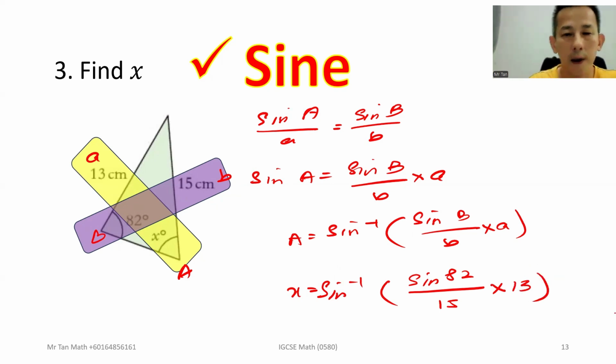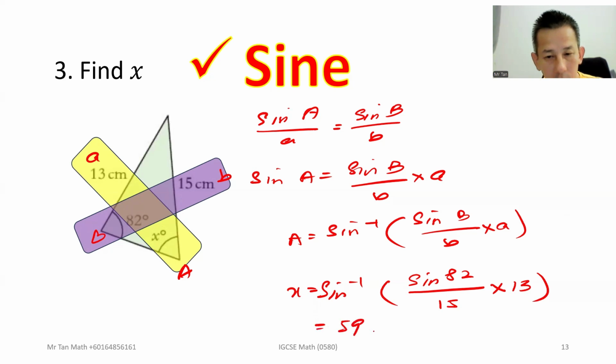You put the angle on top, so it's easier for you to solve. So shift sine 82 over 15 times 13. You should get 59.1 degrees.